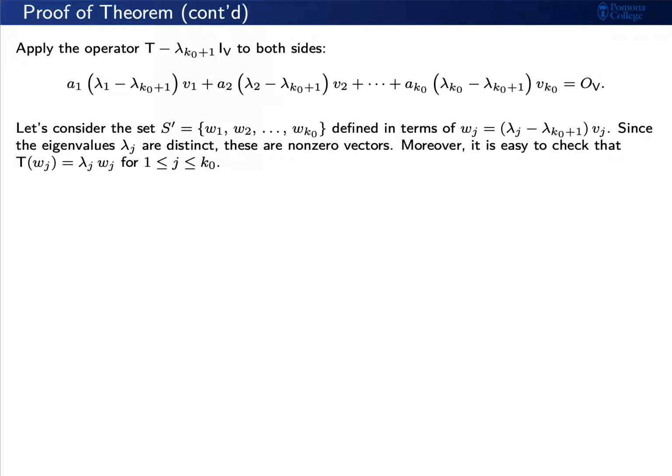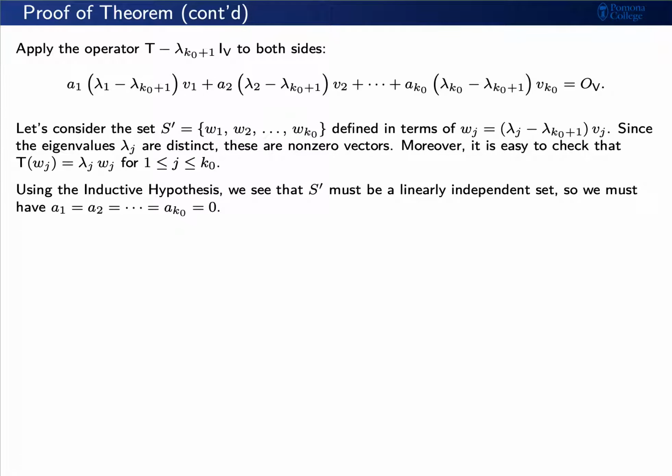Again, v sub j is a non-zero vector, and the scalar lambda j minus lambda k0 plus 1 does not equal 0. But you can also check that T applied to each w sub j is just lambda j times w sub j. By the inductive hypothesis now, we see that S prime must be a linearly independent set.